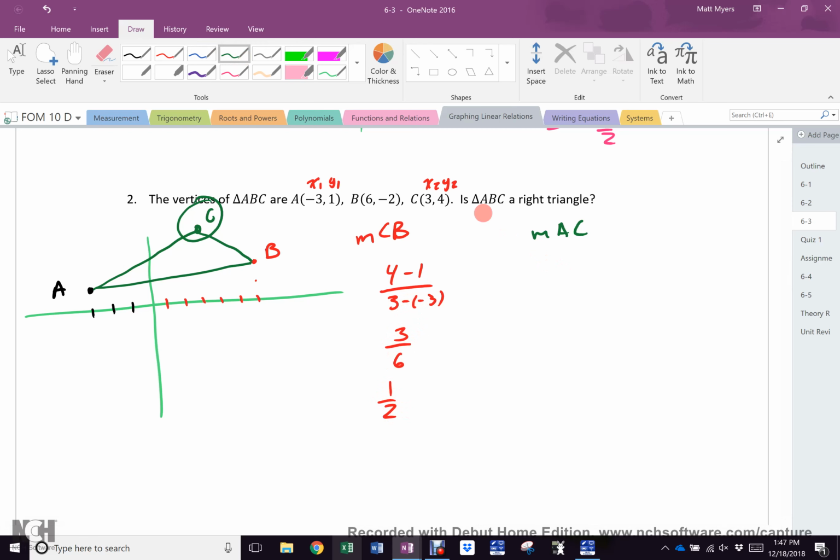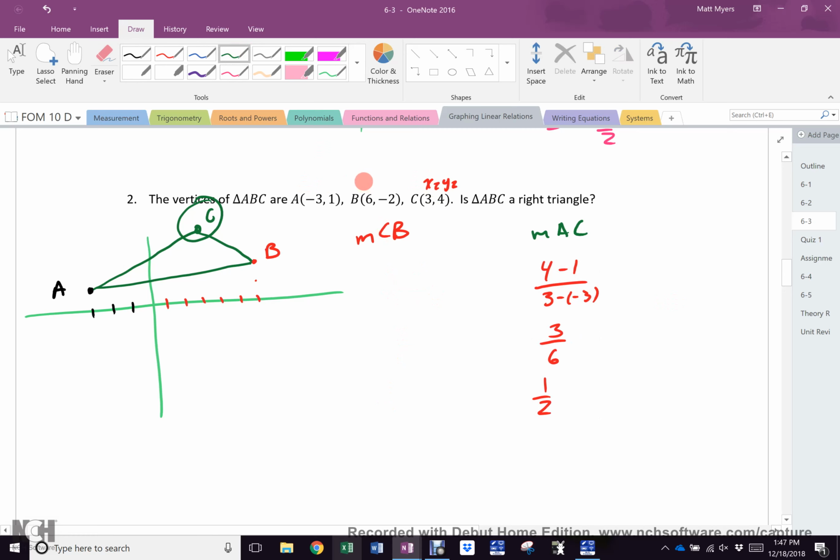Turn the page over. If they're parallel, what does that tell us about their slopes? They're the same. So the slope of AB would equal the slope of CD, correct? Okay.